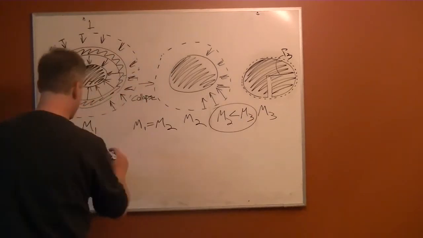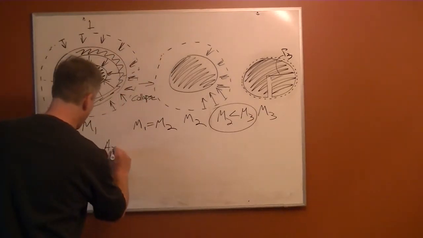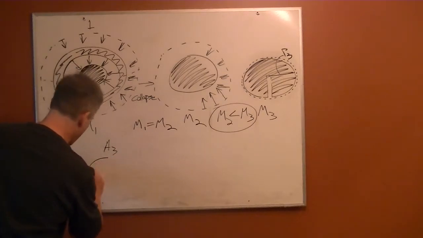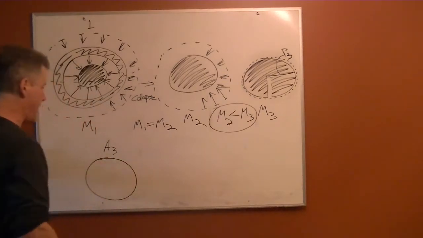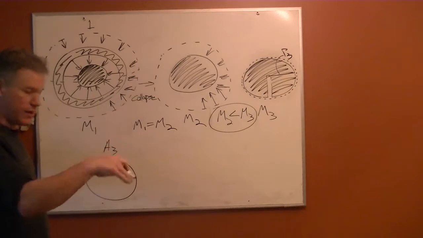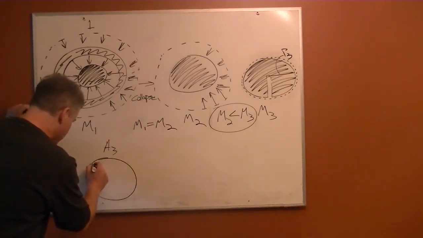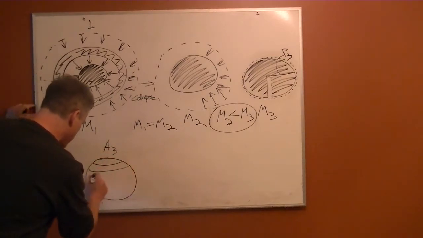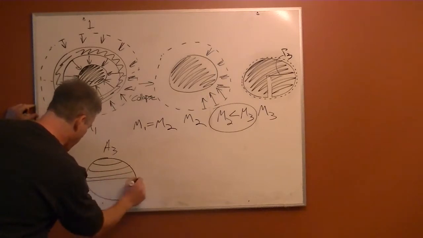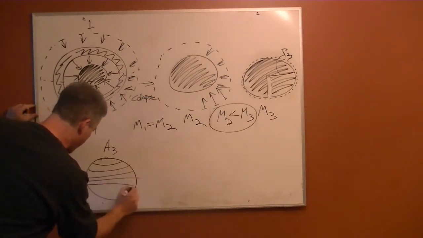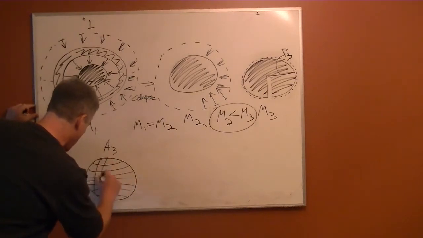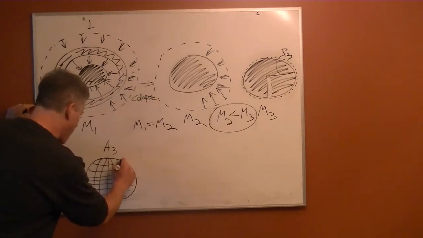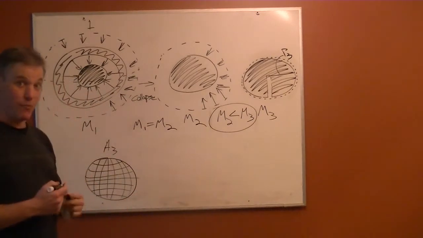Let's say that this is surface area A3. Nice, big surface area. And we could block it off into little regions if we wanted to, like a globe. I am not good at drawing. All my students can tell you that. We'll put some lines here. We'll just see how many little surface areas on the edge of this thing we end up with.